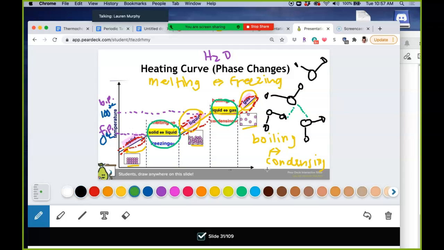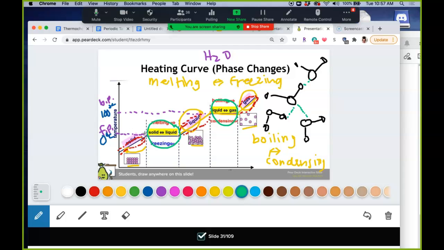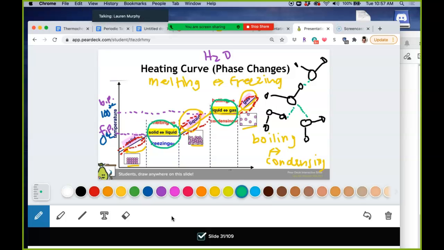So what is happening on the molecular level during melting or freezing, as well as boiling or condensing, is, well, let's do melting and freezing first. What's happening on the molecular level is the heat is coming in and weakening these intermolecular forces. And instead of the solid now being super close together, it's causing the water molecules to spread further apart.